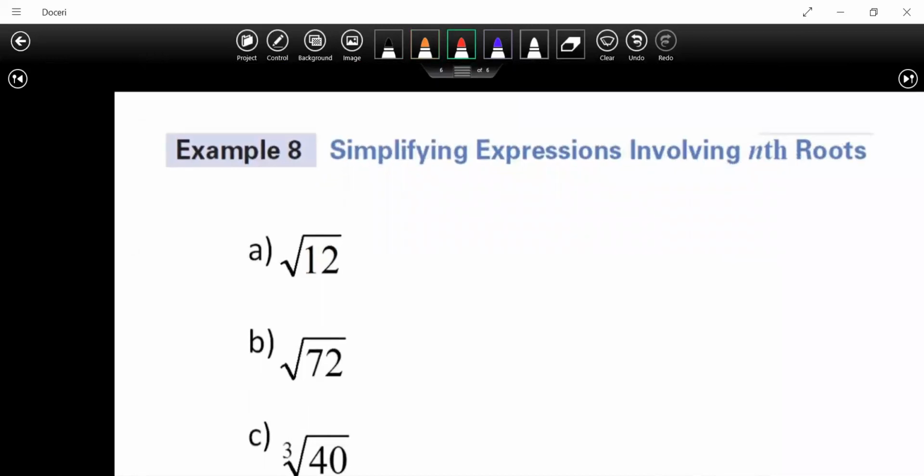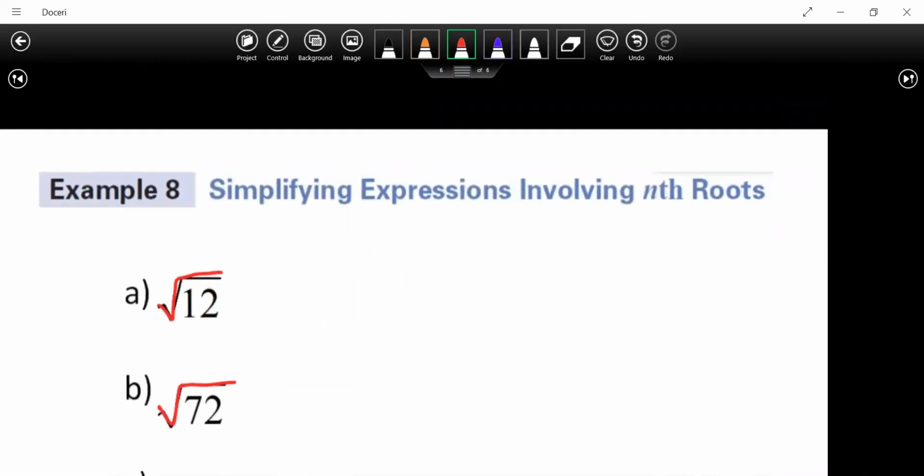Let's say we have a square root. We want to be able to write out all the perfect roots of these. So I'm going to write up on top so you guys can see them: 1, 4, 9, 16, 25, 36. What's next? 49, 64.